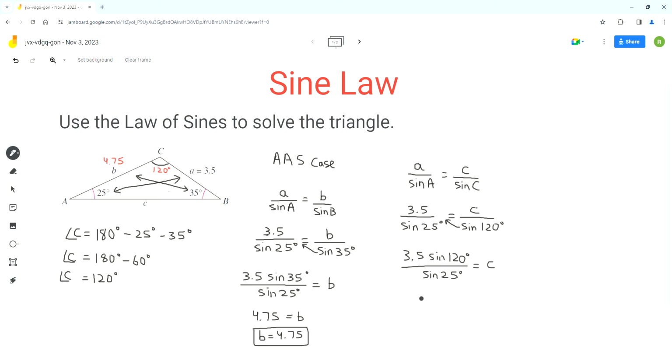So I get 7.17 equals C, which can also be written as C equals 7.17 units. In this case, I rounded the answer to 2 decimal places, but you can round your answers based on the given rounding instruction.